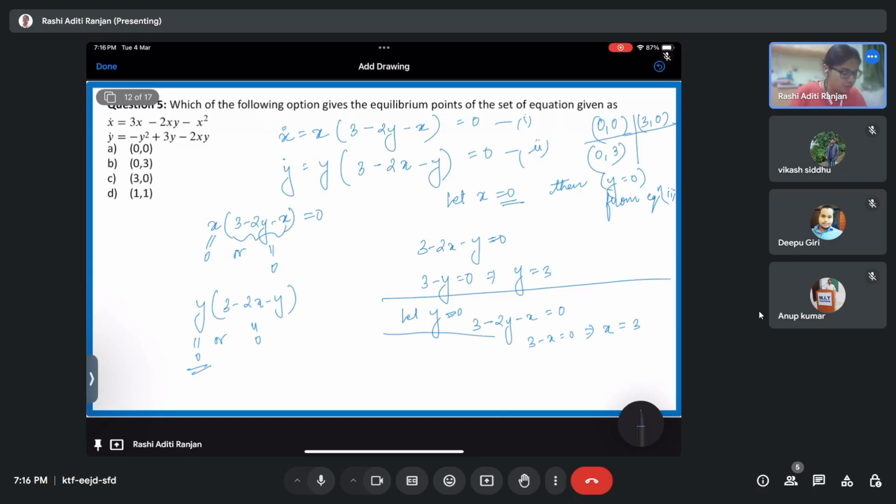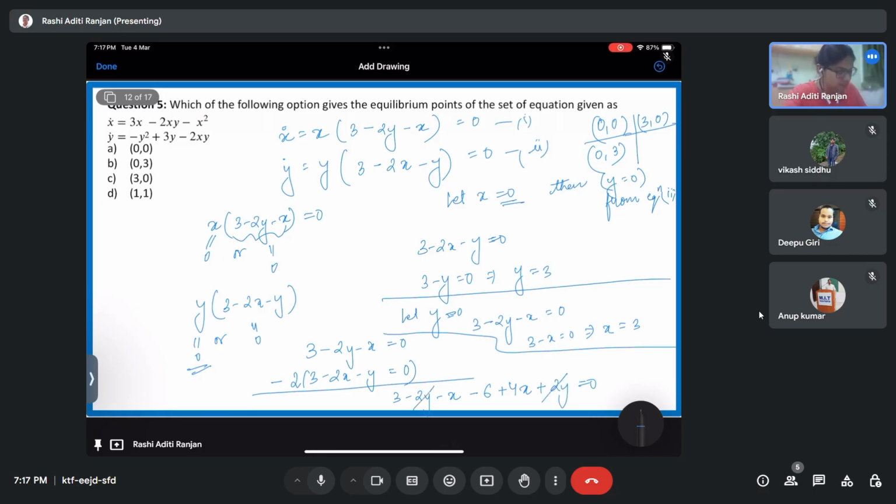Now comes the option when both x is not equal to 0 and y is not equal to 0. So then what is going to happen? I have two equations, and these two equations are linear, so I'm going to solve them. I'll consider that this is equal to 0 and this is equal to 0. What I'll do is multiply it by 2 and apply a minus. It is going to give me 3 minus 2y minus x minus 6 plus 4x plus 2y equals 0.